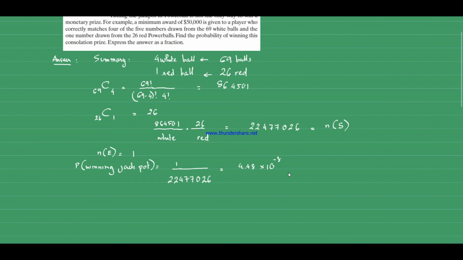So this means that you have 0, 0, 0, 0, 0, 0. The negative 8 means there are 8 decimal places before the next digits, to get 4.48, like that.